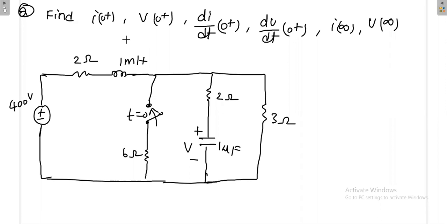So now definitely there is going to be some I. The I is the current here. V is the voltage across the capacitor, I is the current through the inductor.